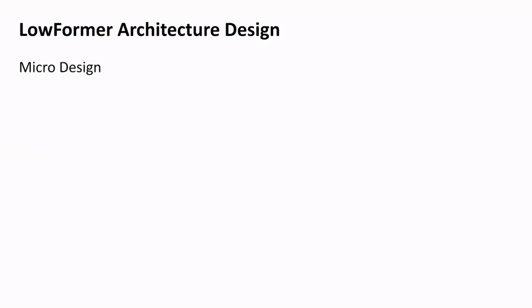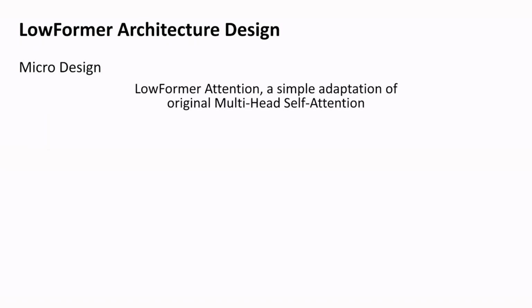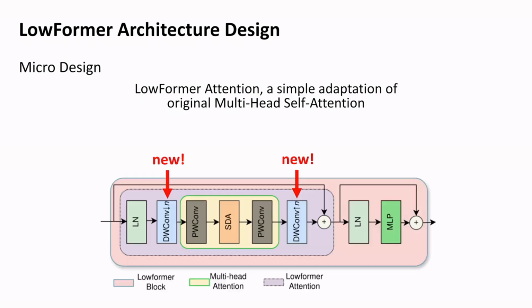Let's come to our micro design. We present LowFormer attention, which is a very simple adaptation of the original multi-head self-attention. We only add 2 convolutions around the original multi-head attention. However, these convolutions downsample the feature maps by a factor of 2. The linear projection layers also reduce the channel dimension by 2.